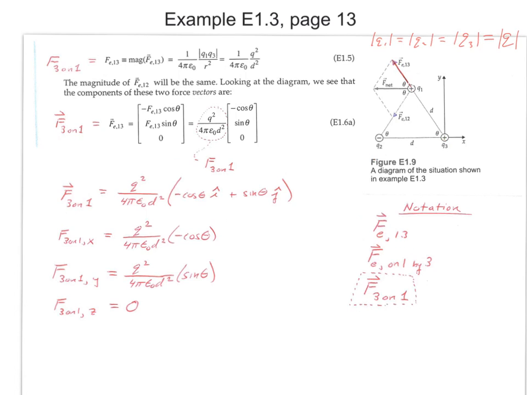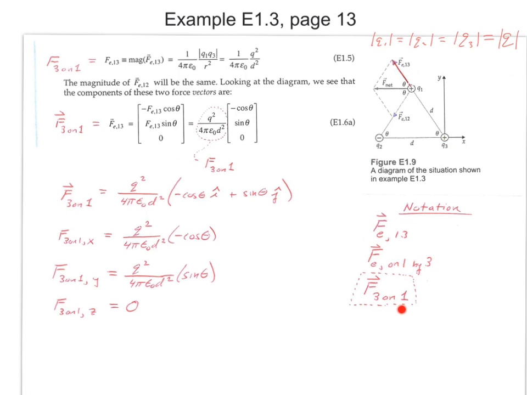Well, if you have it written this way, you have to remember, but you could be a little bit more explicit. Instead of writing it this way, you could write it like this: the electrical force on charge 1 by charge 3. Great, that makes it very clear. But again, there's a lot you've got to write in there, so it's kind of cumbersome. You could also write it like this: the force that charge 3 exerts on charge 1.